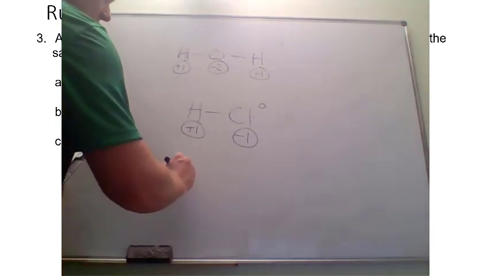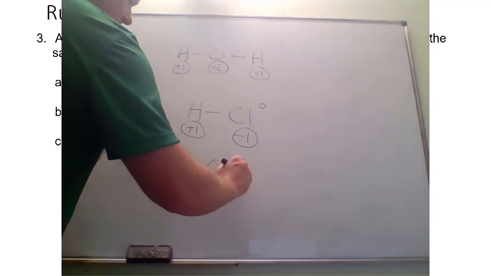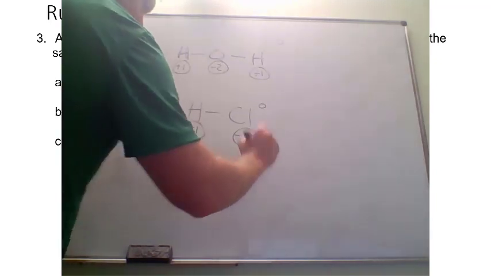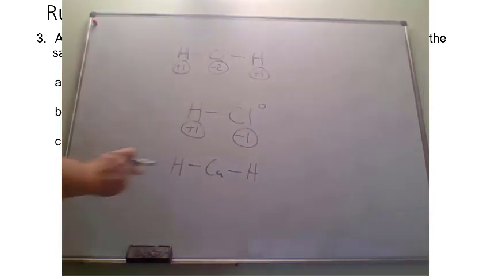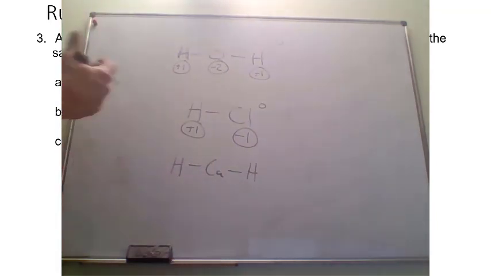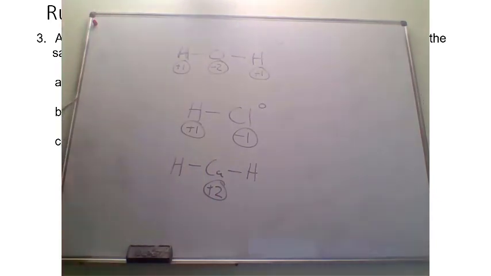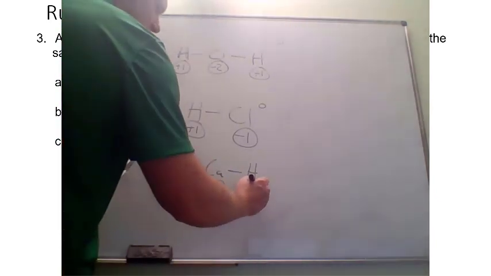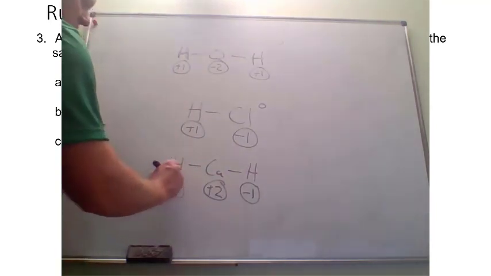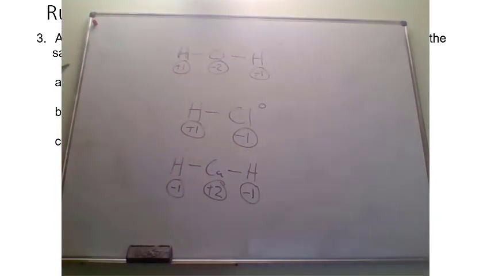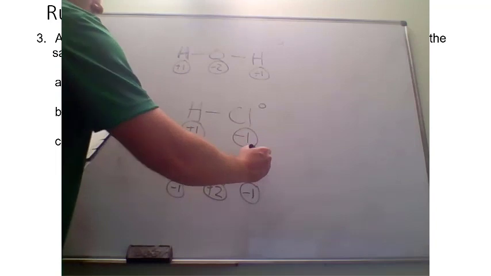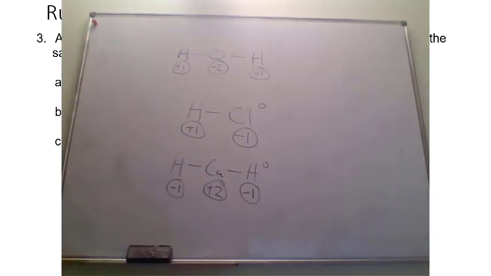Lastly, we have CaH2. We know that calcium, if it were an ion, would have a +2, so that gives a +2 oxidation number. And since calcium is a metal, that tells us that our hydrogen in this case has to have a -1 oxidation number. We add all those up together, and we get our total overall charge of 0.